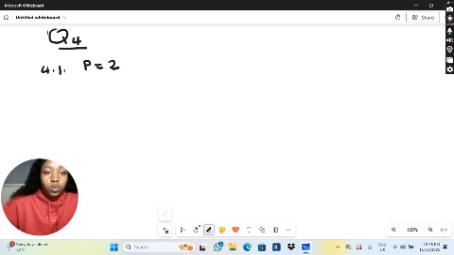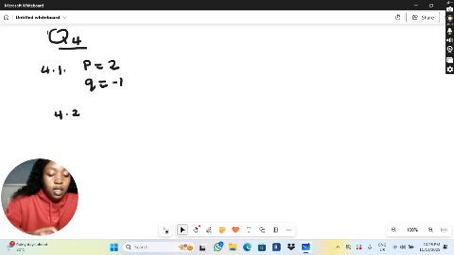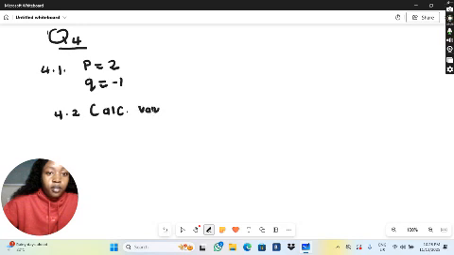And for q is equal to negative 1. 4.2. I hope you guys can see that the value of p is equal to 2 and q is equal to negative 1. So we are required to calculate the value of a.